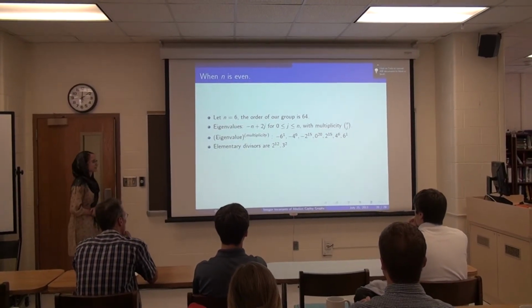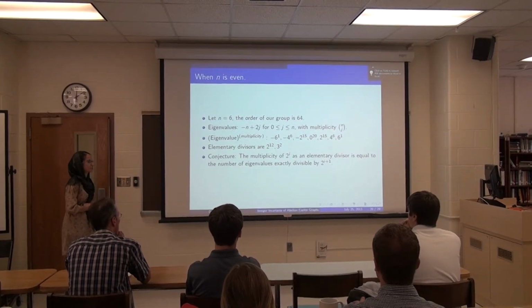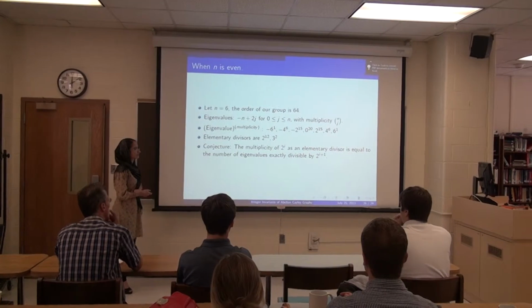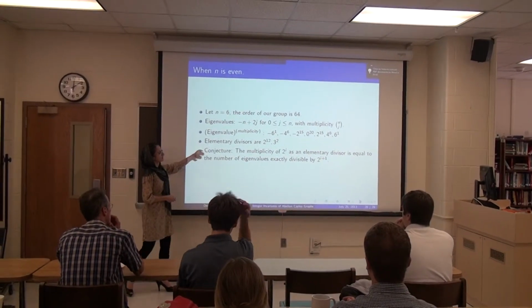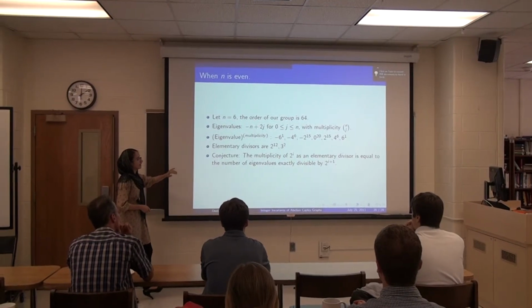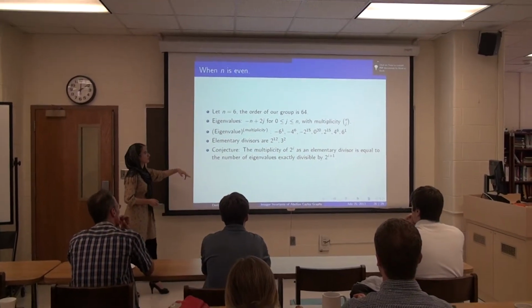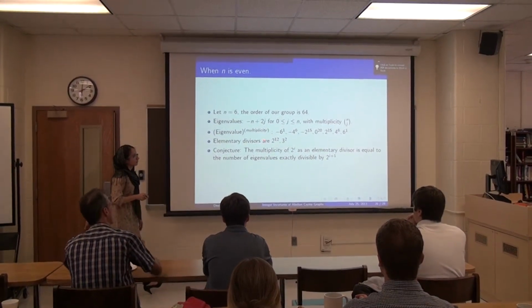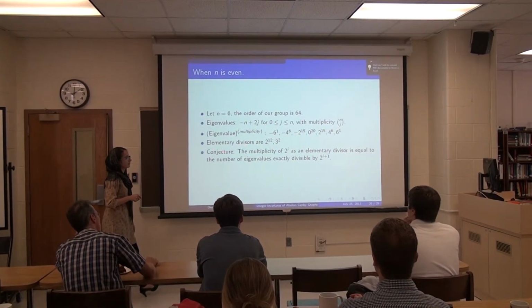So we came up with this conjecture, which states that the multiplicity of 2 to some power as an elementary divisor from this list is exactly equal to the number of eigenvalues that are exactly divisible by 2 to 1 power above that. So we're interested in the prime 2 to the first power as an elementary divisor.